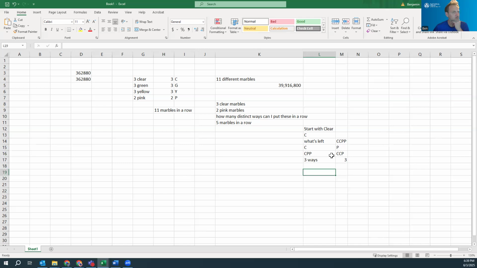So I've got 2 options here. And this is sort of my larger branch, was whether I was going to start with C or P. I just need to look at the P side. Then I have 3 clear marbles and 1 pink marble.